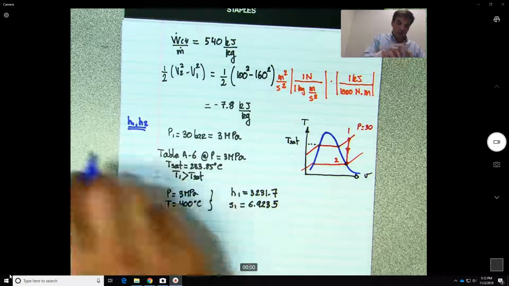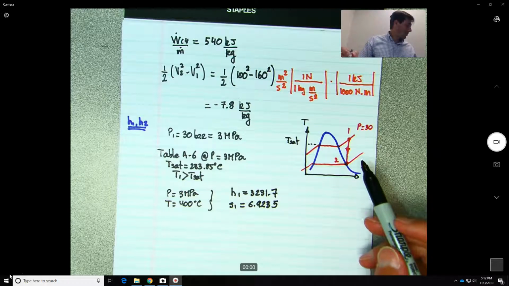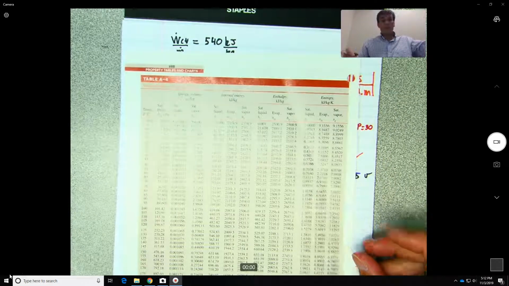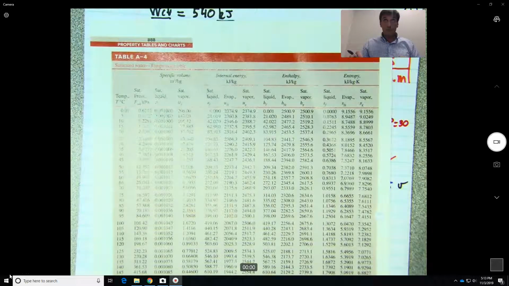Now for H2, we know it's saturated, so we need to go to the saturated tables, which is table A4, and we know the temperature.